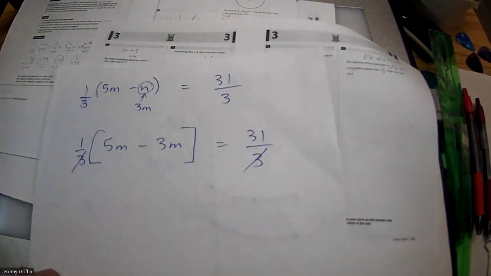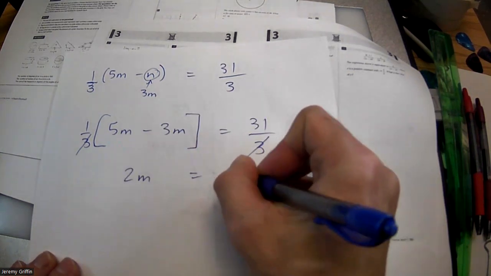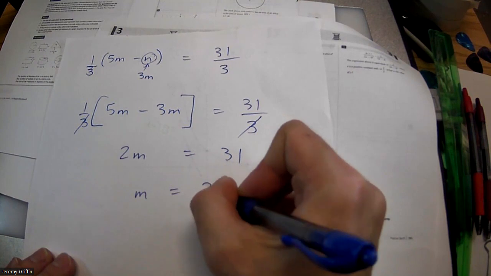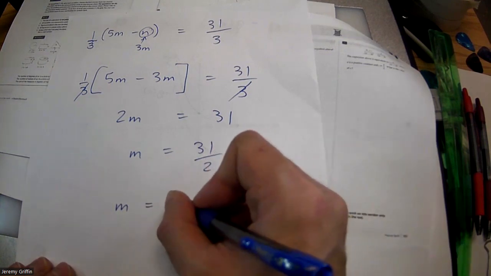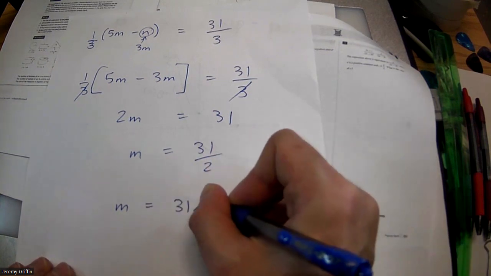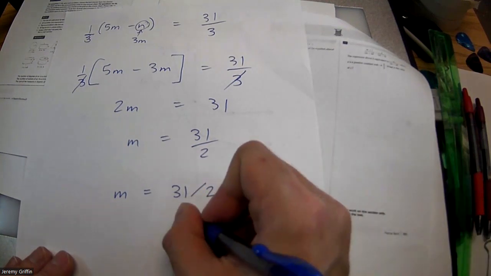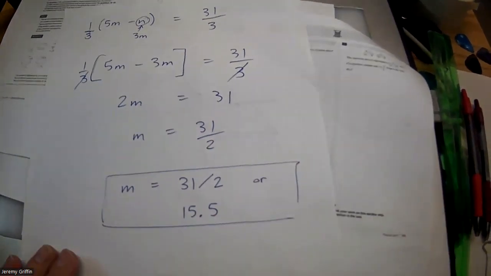Yeah, let's get rid of that. So I've got 2m is equal to 31. Divide both sides by 2. There you go. Now, since you had to bubble this one in, you could do one of two things. You can either do 15 and 1/2, or you could do 15.5. Either of those, okay?